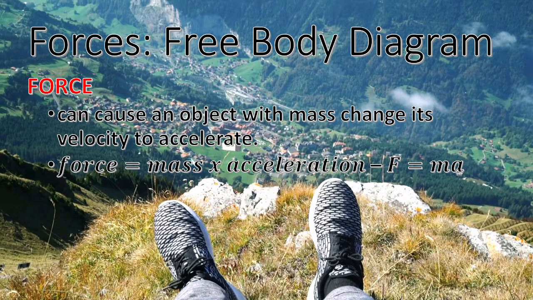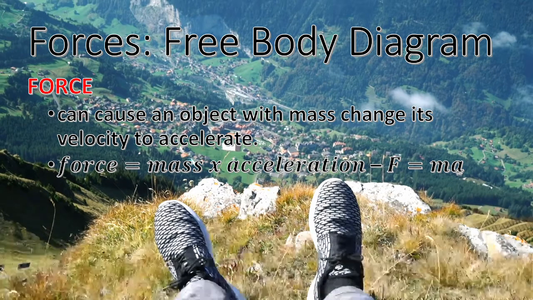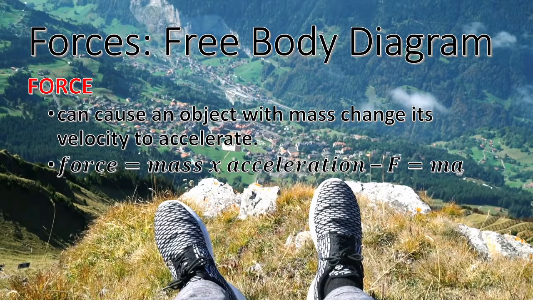Force can cause an object with mass to change its velocity, to accelerate, and force has a formula which is equal to mass times acceleration, or just F equals ma.